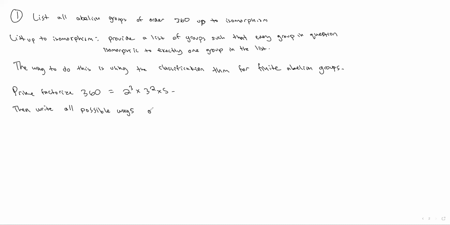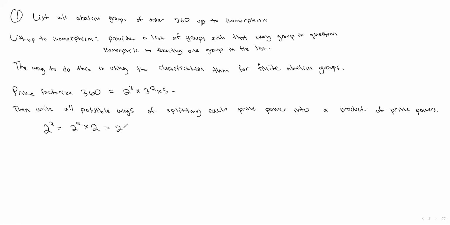Okay, so we'll write all possible ways of splitting each prime power into a product of prime powers. So 2 cubed, you could just write it as 2 cubed, or 2 squared times 2, or 2 times 2 times 2.